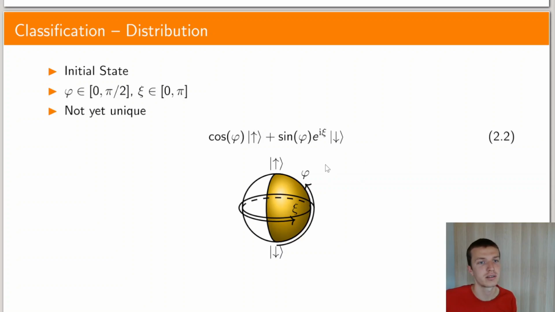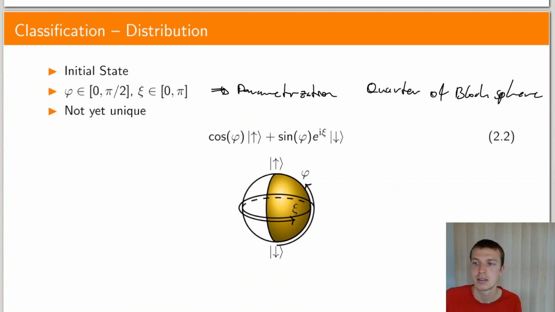So we get a quarter of the Bloch sphere. For this you have to be cautious because this parameterization is not yet unique, so you can have different parameters inside this range, but still the walk might be the same.